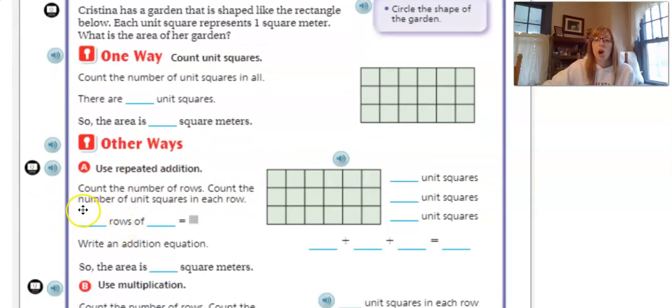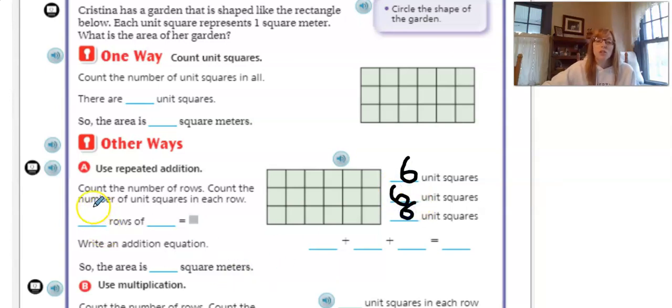Okay, so there are 3 rows of 6. There's 1 row, 2 rows, 3 rows, and there's 1, 2, 3, 4, 5, 6 in each row. So there's 6 units, 6 units, and 6 units. So I hope you're writing this down.